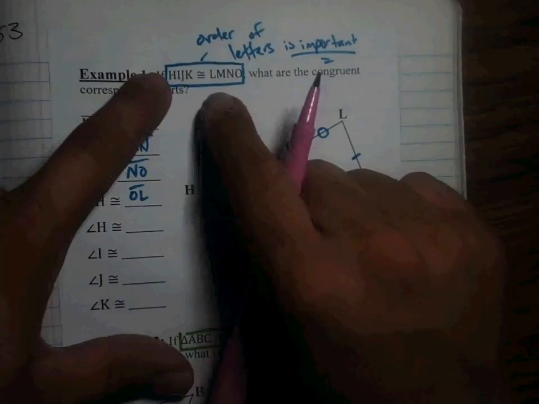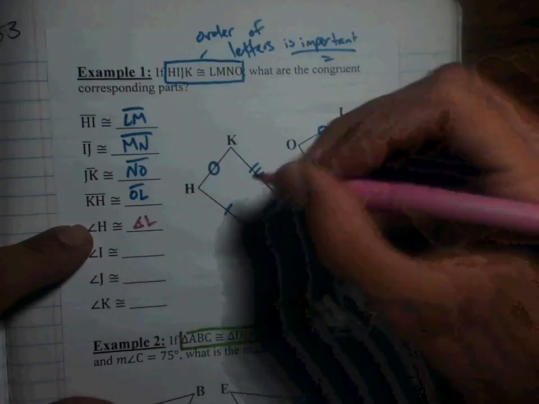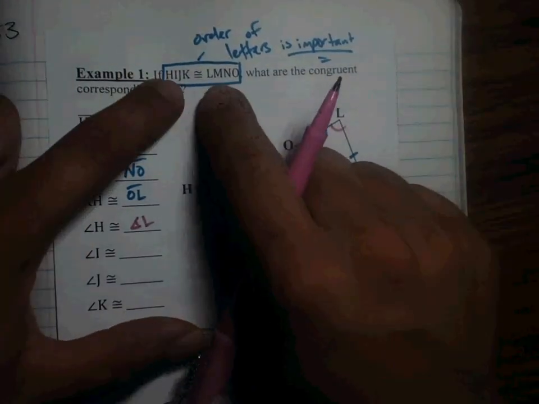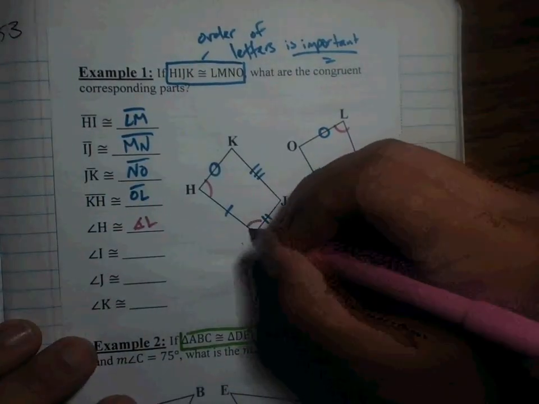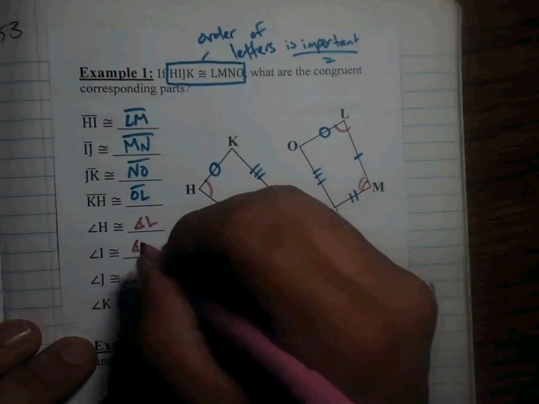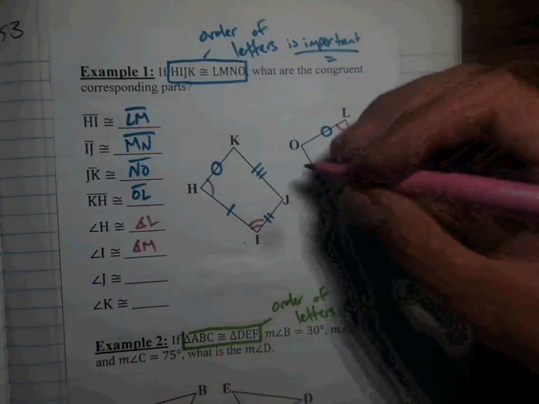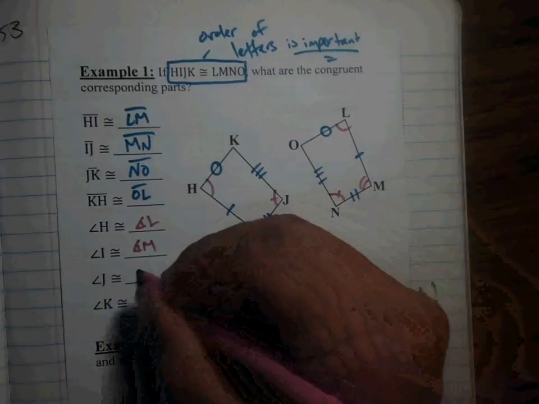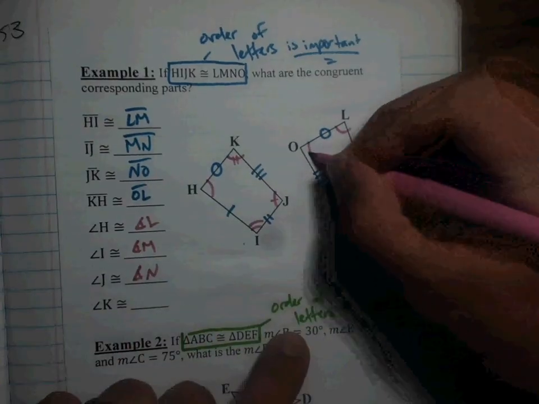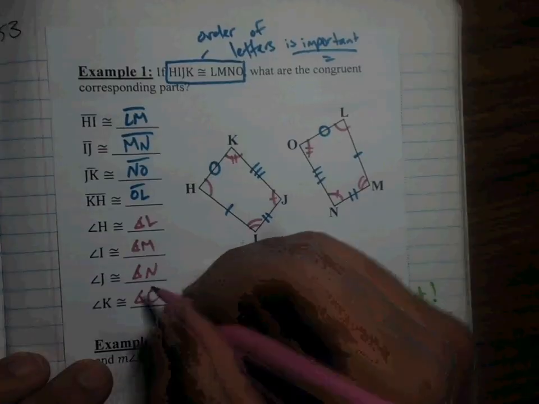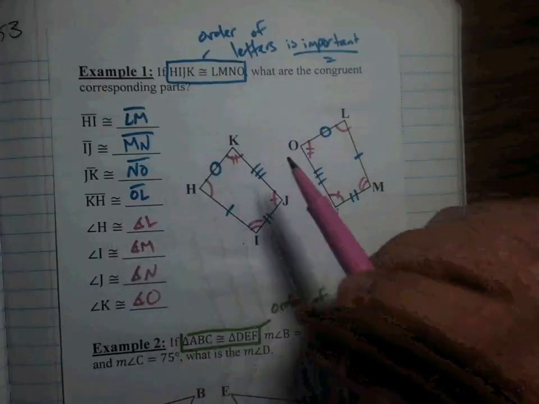So angle H is congruent to angle L. I and M are both the second one, so angle I is congruent to angle M. J is corresponding, so it's congruent to N. And lastly, K is congruent to O. The angles are a little bit easier because the order tells you which ones they are. Because the order matters, it makes things a lot simpler.